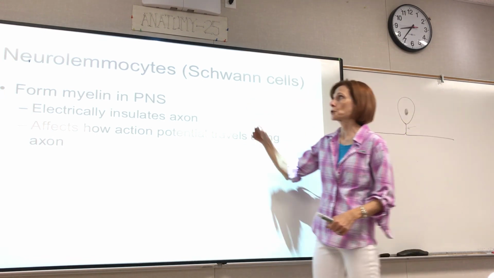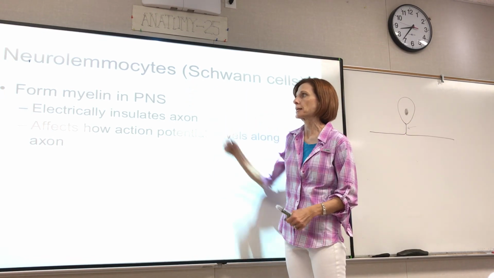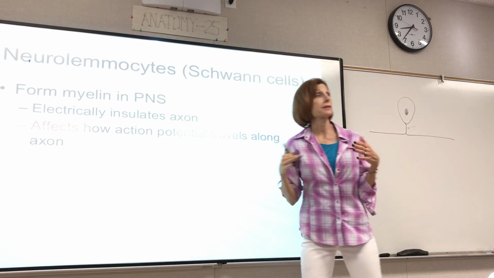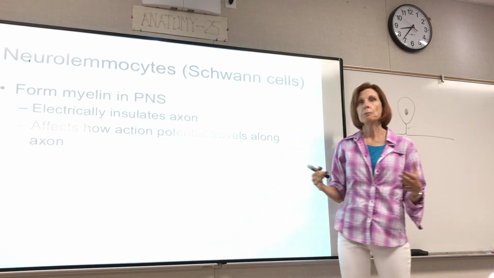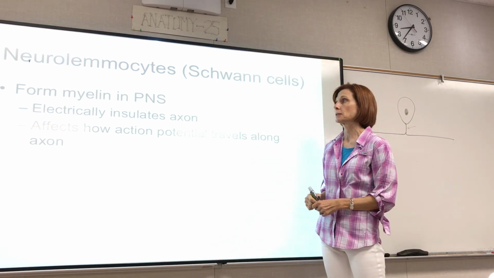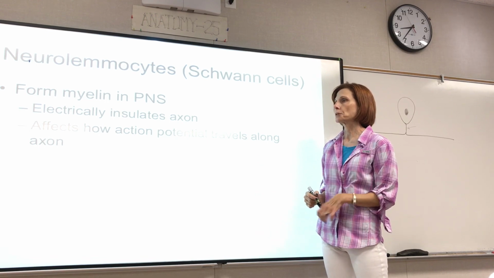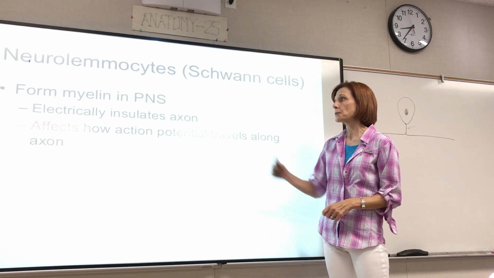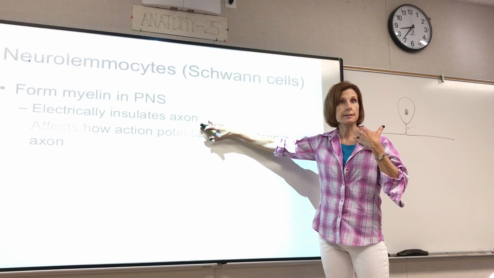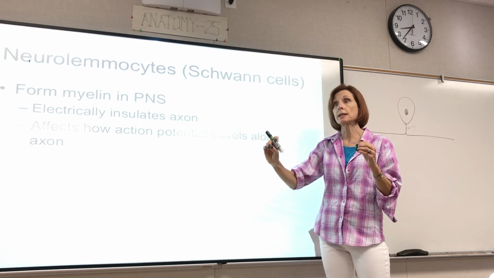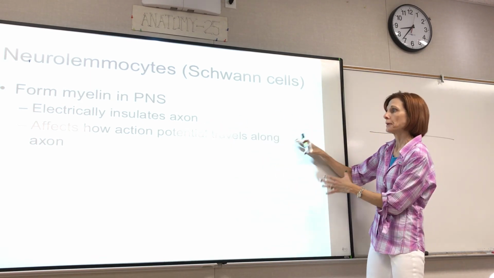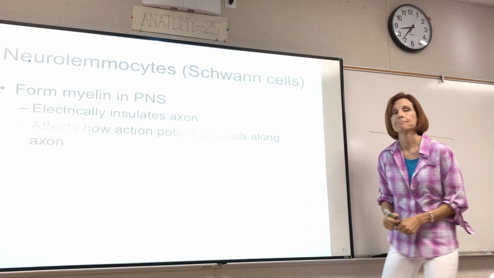It's called a Schwann cell or a neurolemmocyte. So these do the same thing that the oligodendrocytes do, but these are in the PNS. Oligodendrocytes are only in the CNS. So the myelin, again, does the same thing. It electrically insulates the axon. It will affect how the action potential travels.